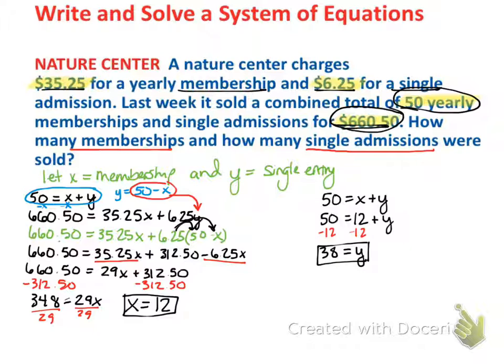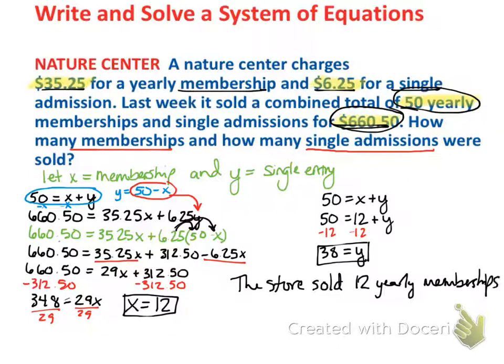So final answer needs to be word form, not ordered pair form. So the store sold 12 yearly memberships and 38 single entries. Easy. Not too bad, I bet.